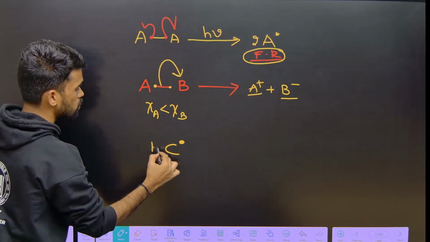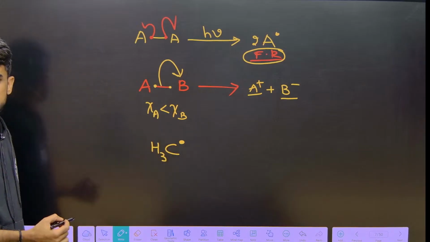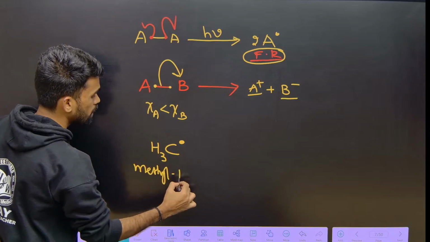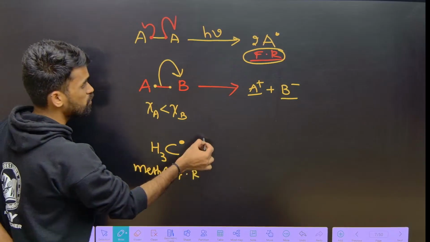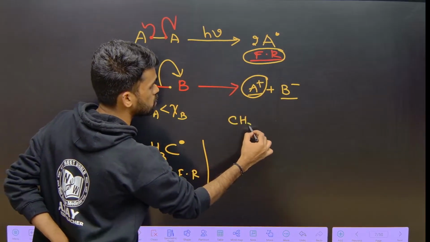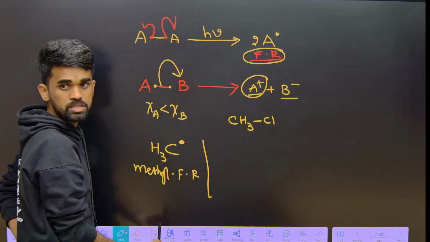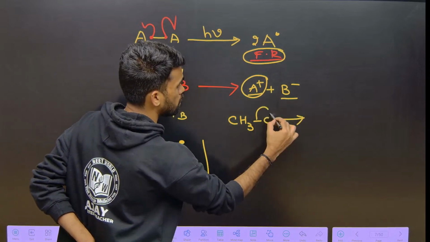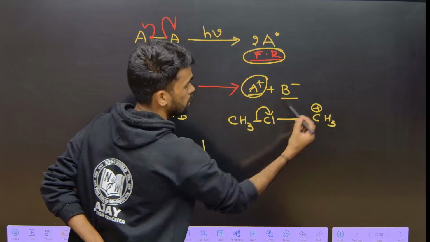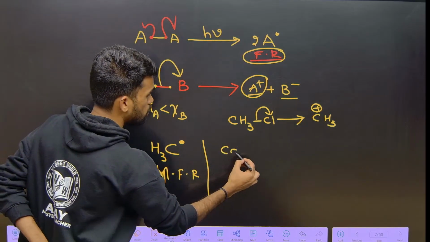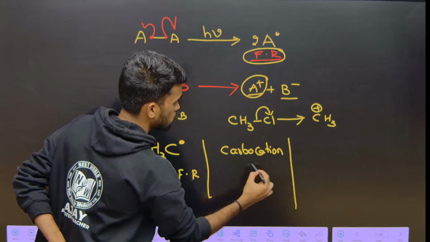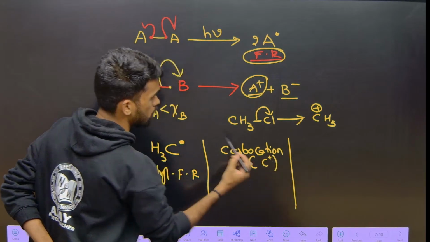For example, the methyl radical, which I should call the methyl free radical. If carbon has a positive charge, for example from methyl chloride, if we polarize it like this, we get the methyl carbocation. Carbocation means carbon with a positive charge.